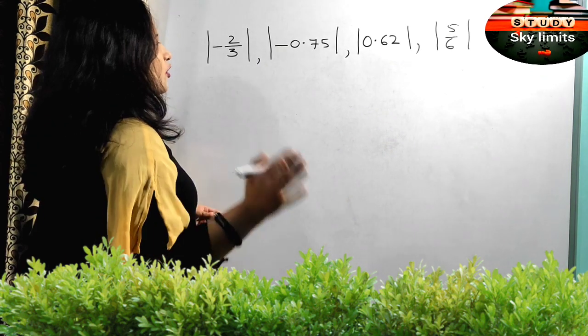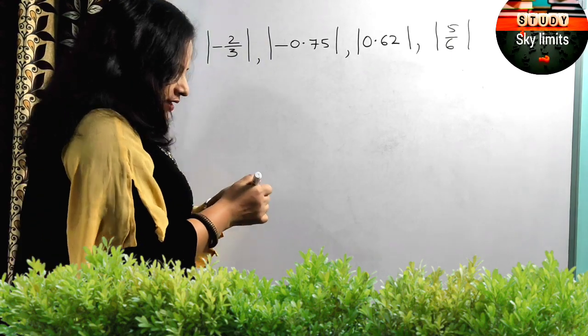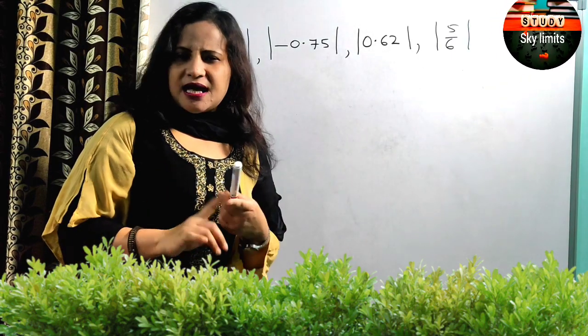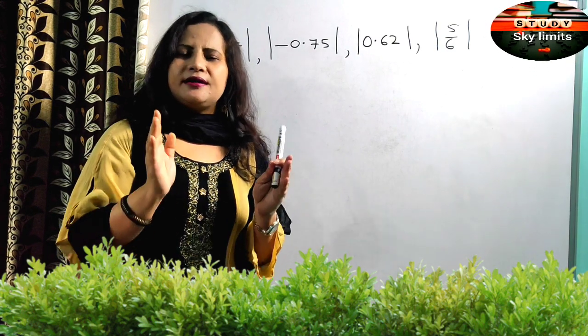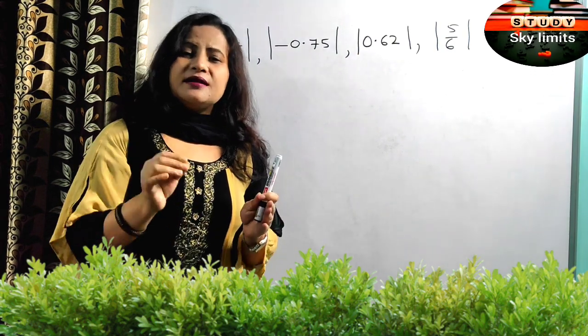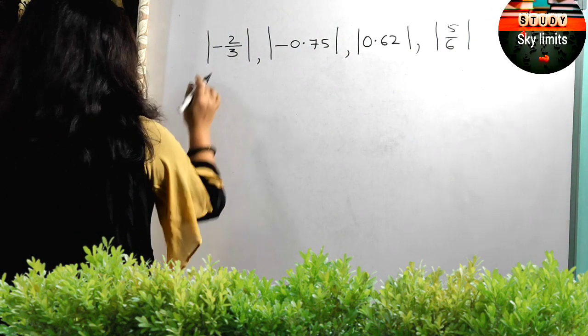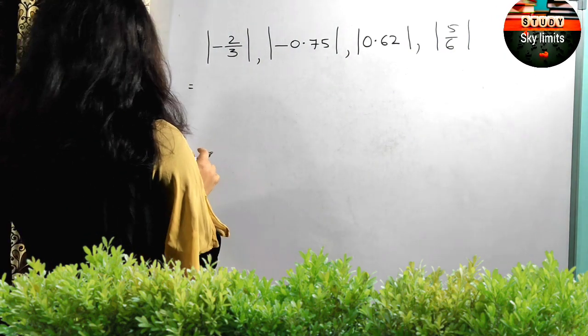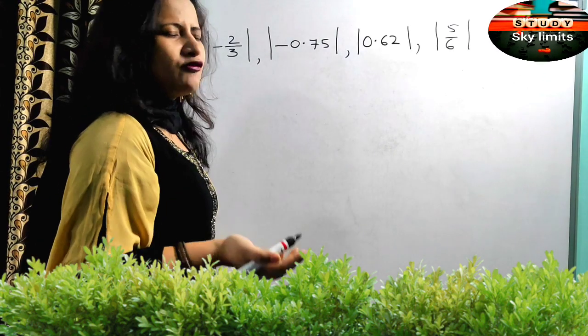Before that, I want to remind you of one thing. First, write in standard form. Standard form means there should not be any negative sign in the denominator and the rational number should be in the lowest terms. Okay, so now, absolute value, you have been through the previous 4 videos on integers.